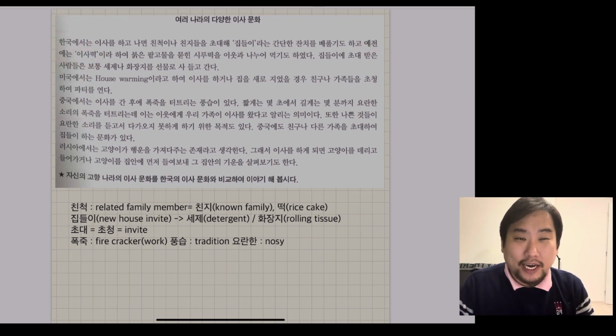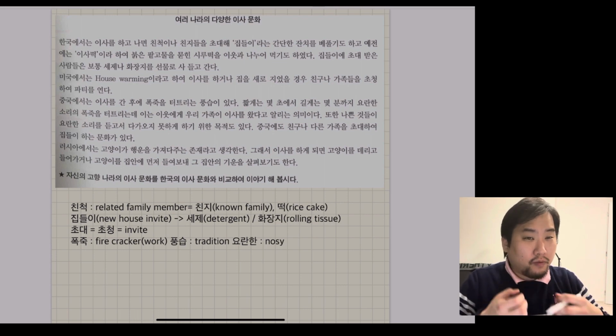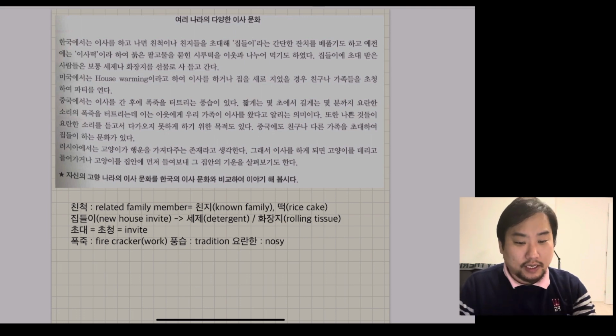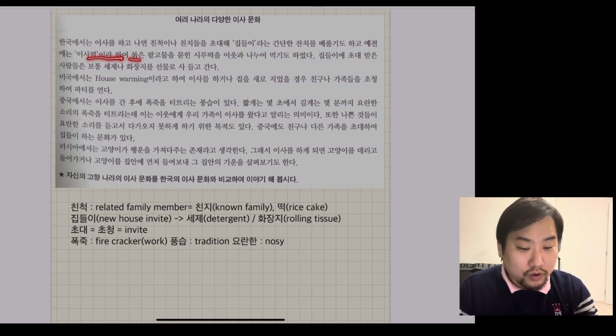떡 is a rice cake, so 이사떡. When you move to a house, we share rice cake around the apartment or houses. 이사떡이라고 하여 붉은 팥고물을 묻힌 시루떡 is a rice cake name. 떡을 이웃과 나누어 먹기도 하였다.